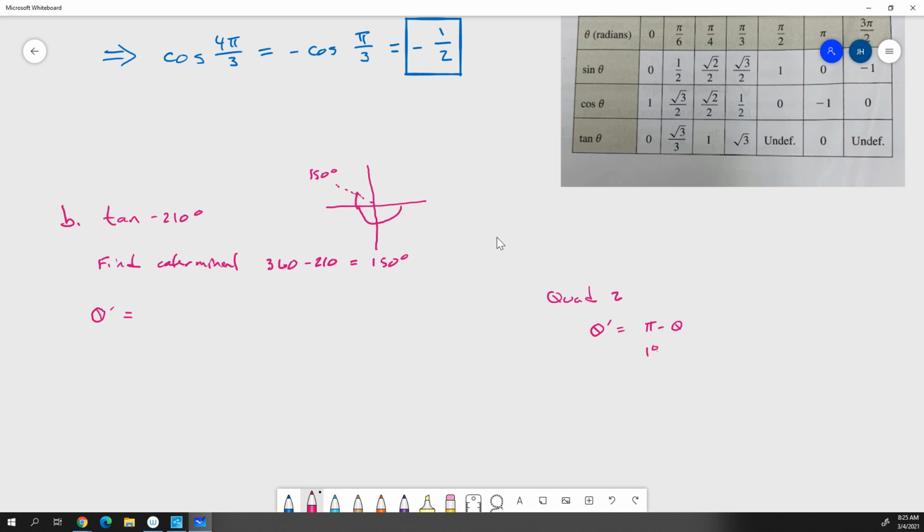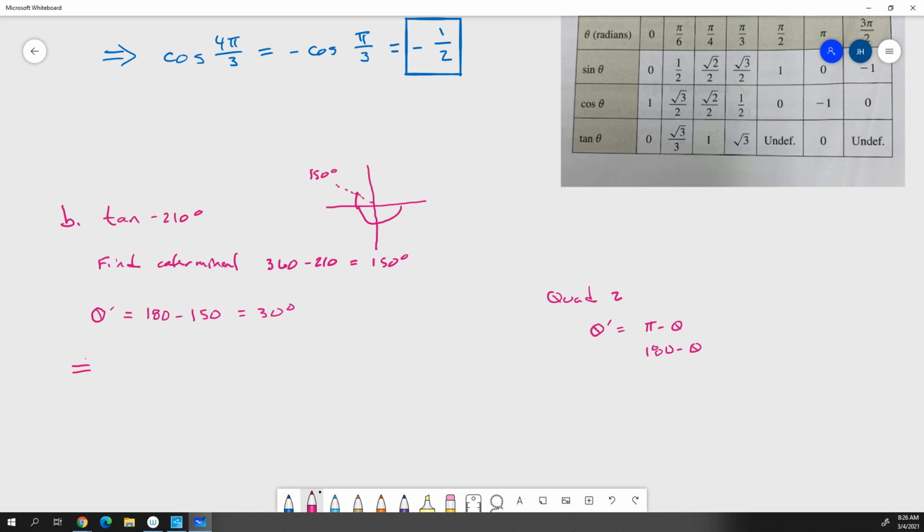when it's degrees, 180 minus theta, because this time we're in degrees. So we would go 180 minus our theta, which is 150, right? Which gives us 30 degrees. So now we're just looking for the tangent of 30 degrees.